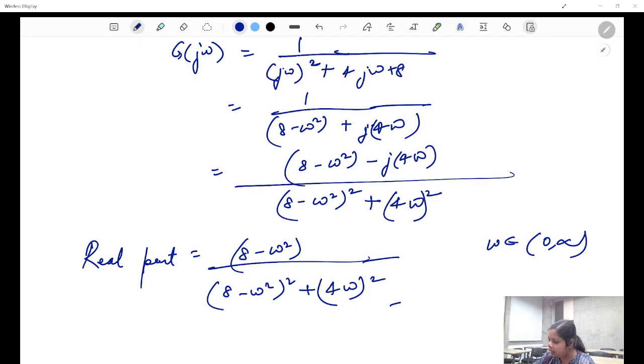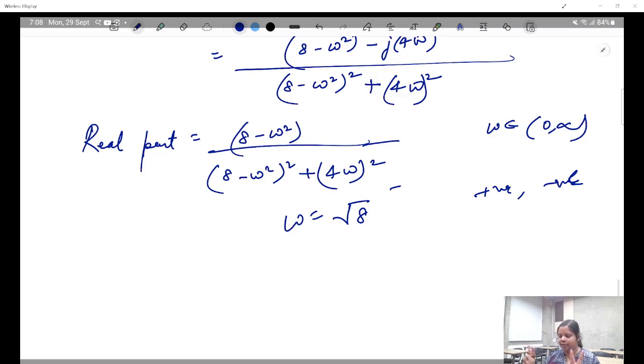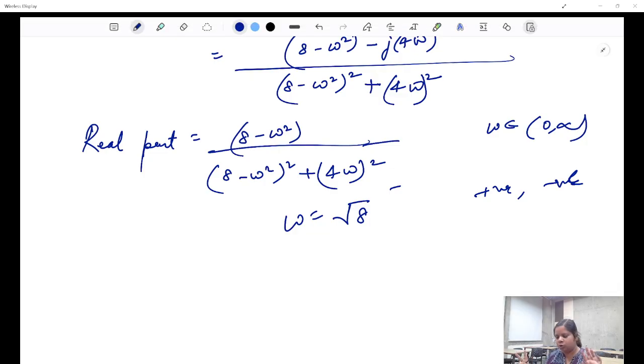So the real part is going to be positive as well as negative, and the changing point is omega equal to root 8. So it is definitely going to lie in both the first and second quadrant.